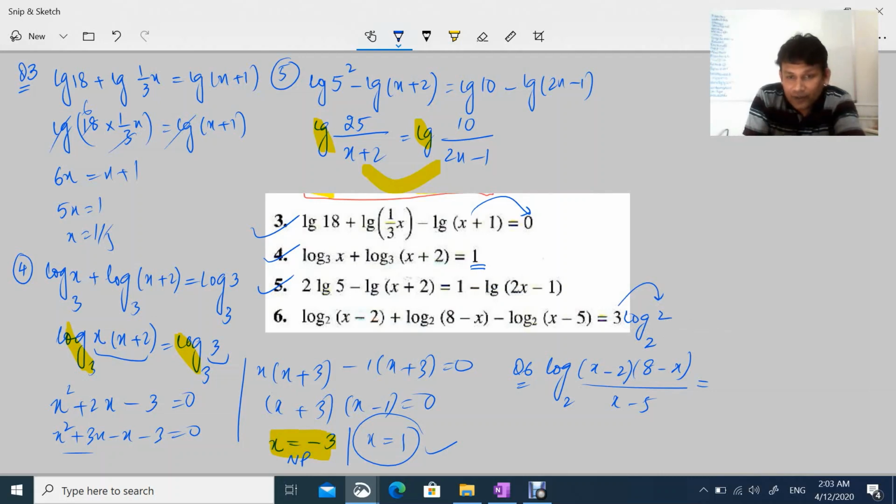So what I will write here, I will write log 2 and 2 cube. Now after this you can cancel out this and you can compare these two values and please solve it. There's no problem, I think so.